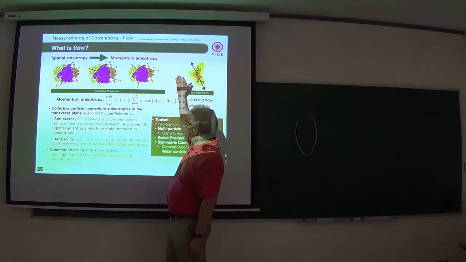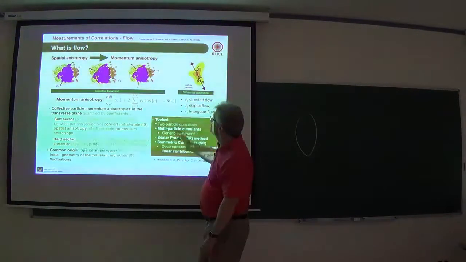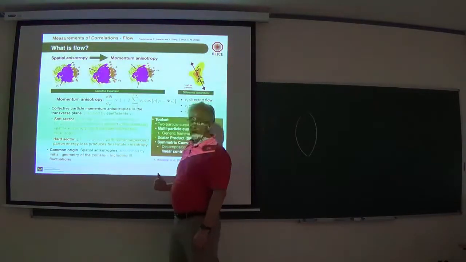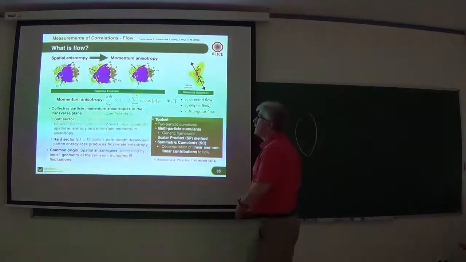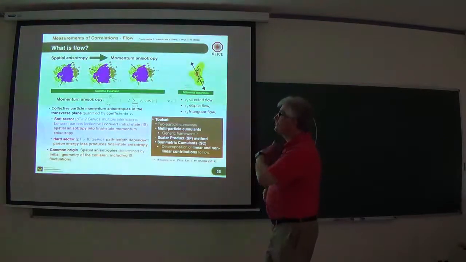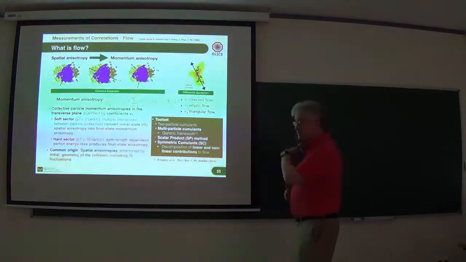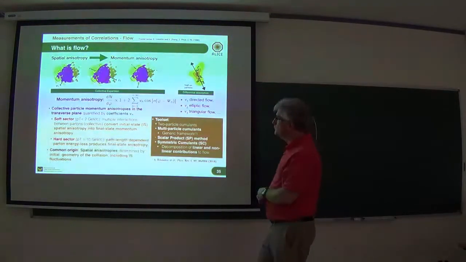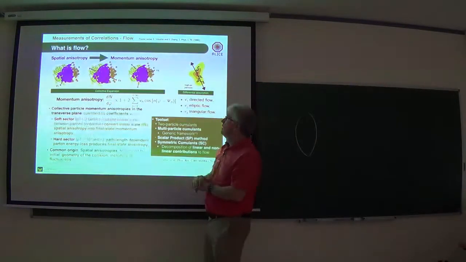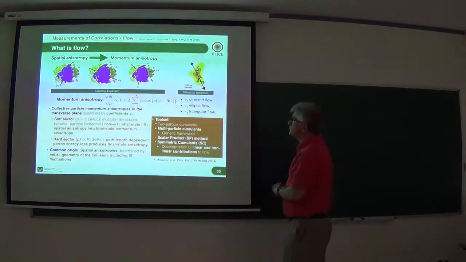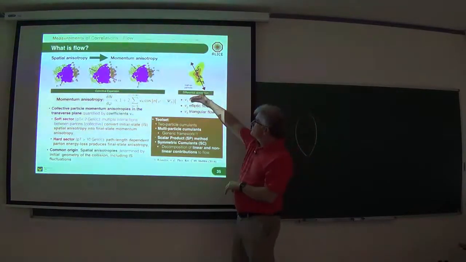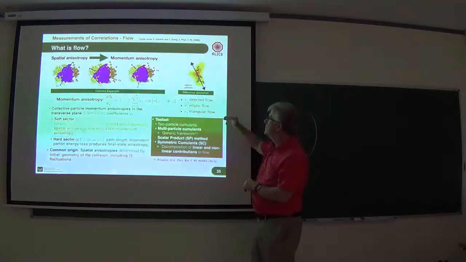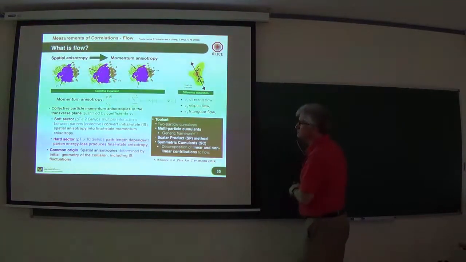So we are detecting particles relative to some reference azimuth, and then we try to understand how we can Fourier decompose this production, the anisotropy that we measure. And we characterize this by a Fourier decomposition as shown here, where the first few coefficients are given a name of directed flow, elliptic flow, triangular flow, and so on.